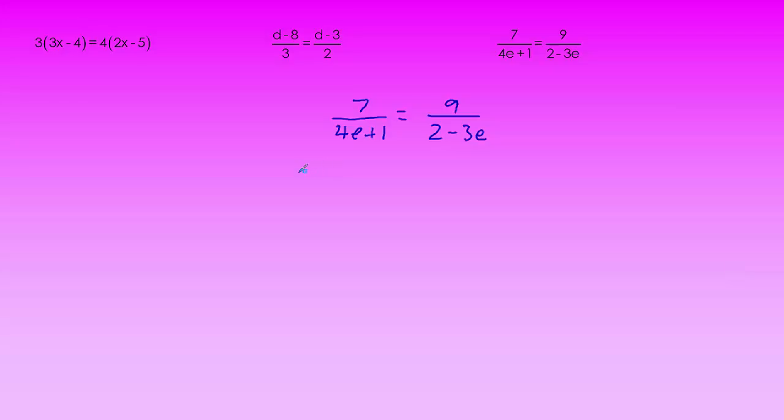And what I'm going to do in order to do that is multiply by 4e plus 1 times 2 minus 3e. Notice that's both of the denominators. I have to do the same on the other side.